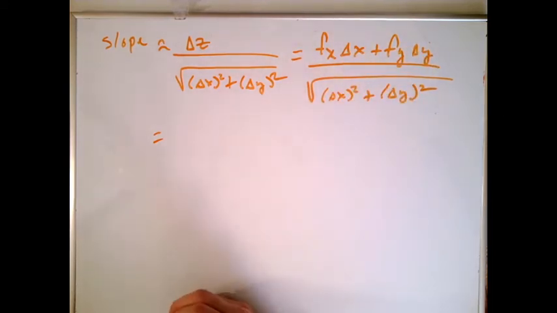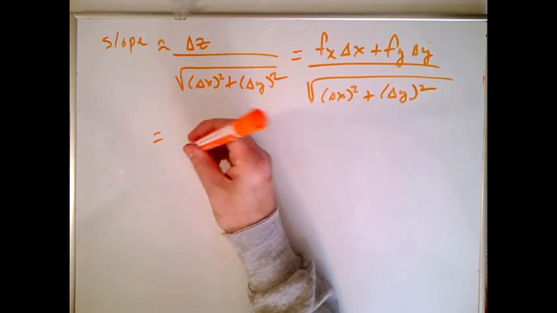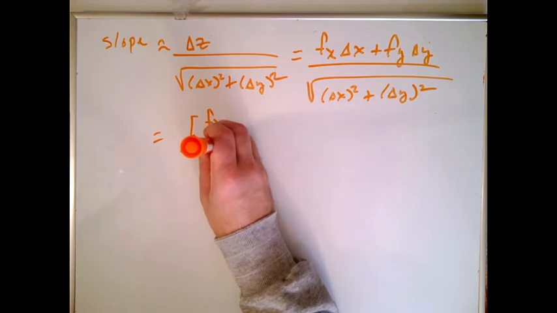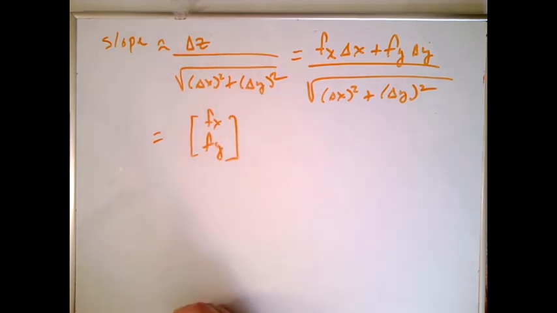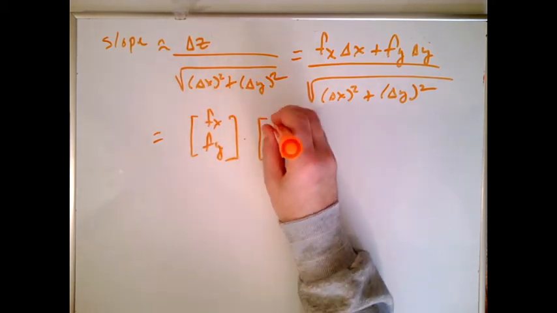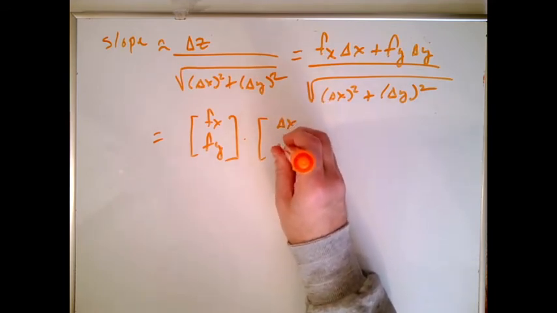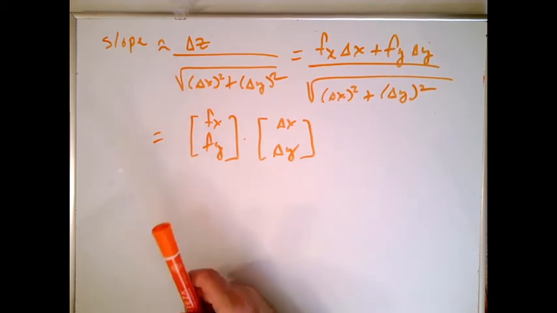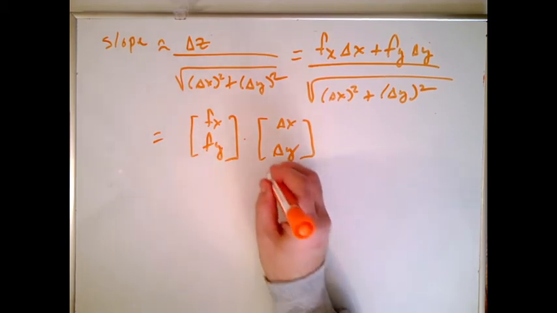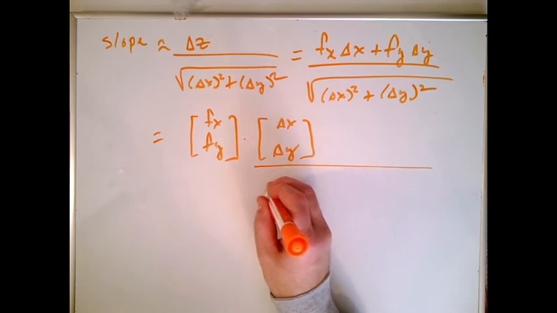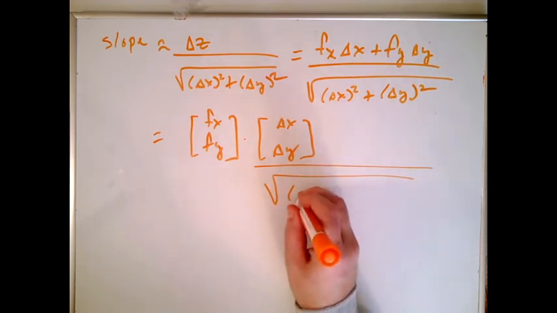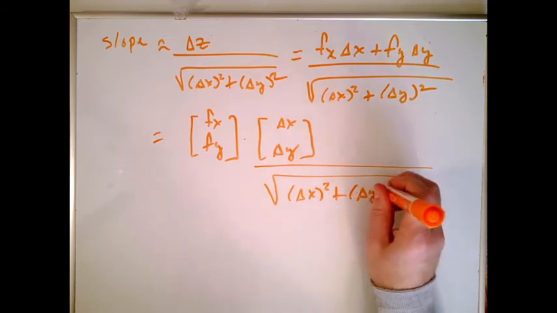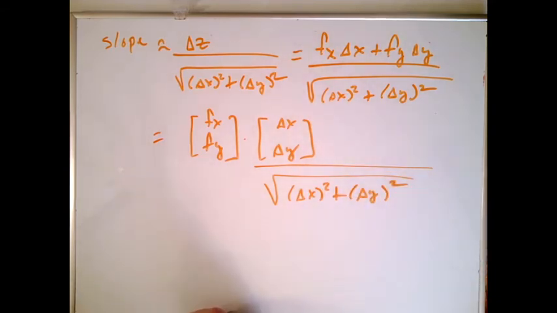That's always got to be at the back of our mind somewhere. This is the dot product of the following two vectors, fx, fy, and those are just the partial derivatives in each direction, dot with delta x, delta y. So that's just a vector that actually pointed from the first point to the second point, all divided by, I'm going to put it over here because it doesn't matter where I put it on the bottom, the square root of delta x quantity squared plus delta y quantity squared, like that.